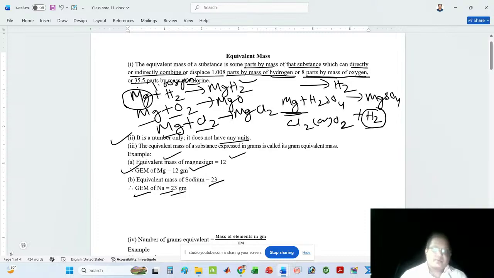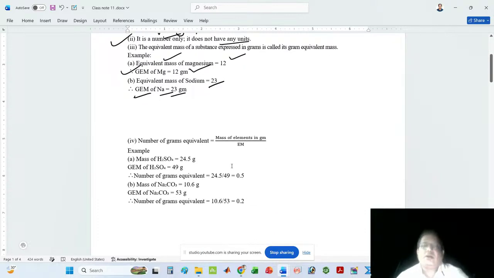Number of gram equivalent is equal to mass of element in gram divided by equivalent mass. What is the meaning of this sentence? Suppose we think about the equivalent mass of H2SO4. H2SO4 has a gram equivalent mass of 49 gram. Suppose I give you 24.5 gram of H2SO4, and I ask what number of gram equivalent I have given you.